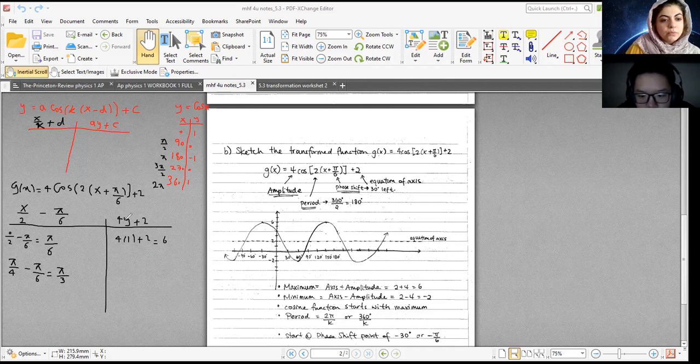Now it's 0. So if you put 0 here, 0 plus 2 is 2. Now I put pi over 2 minus pi over 6.